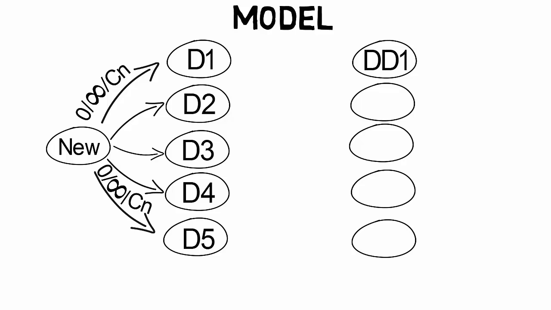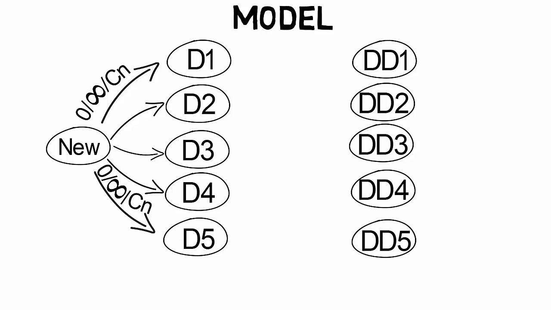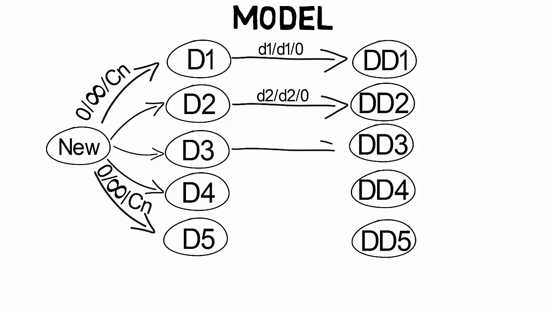So I'm going to have a DD1, a dirty day 1, and a dirty day 2, and a dirty day 3, and a dirty day 4, and a dirty day 5. And then the demand is going to be the number of clean ones that become dirty. And that's where my demand is. I'm going to get this many dirty, and same thing for all the other days.